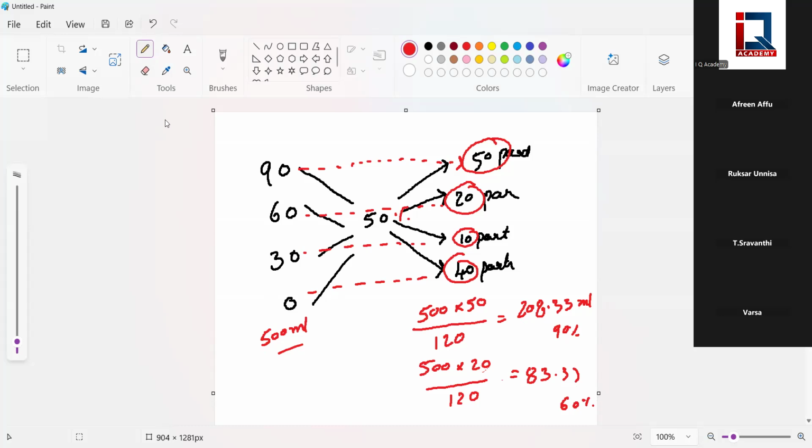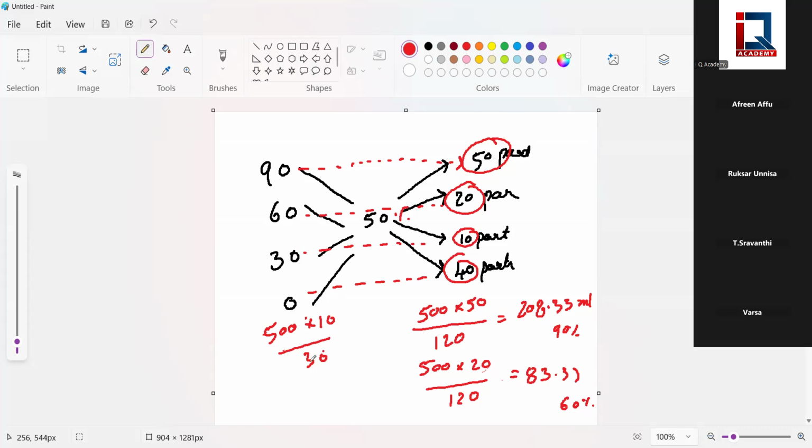Next, again 10 parts. So 500 into 10 by 120.